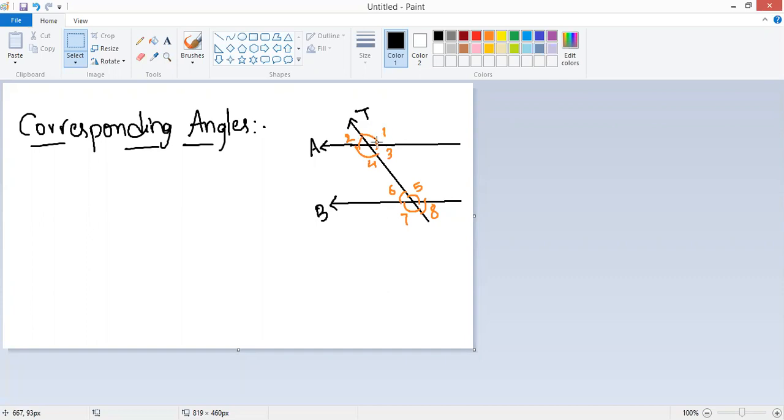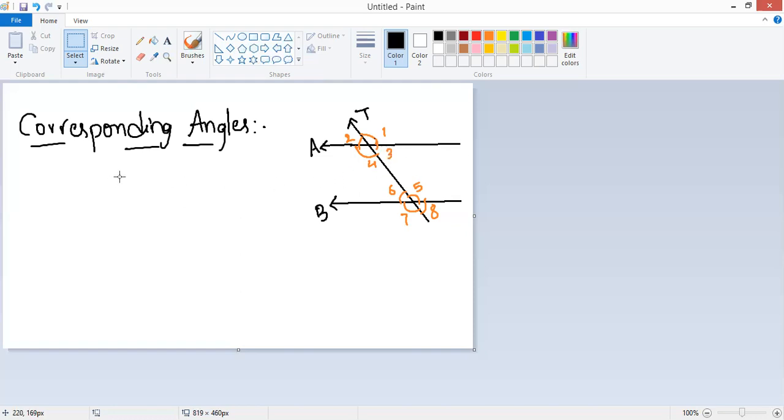If you consider angle 1, then angle 5, and in the same way angle 2 and angle 6, they are at the same relative position. Angle 3 is to the right side of the transversal in the bottom place.